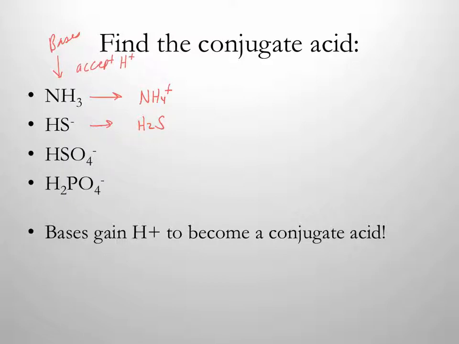So it's a positive ion it's accepting, which makes sense that when this negative ion accepts a positive hydrogen, it neutralizes it into H2S. The HSO4 minus accepts a positive hydrogen, becomes H2SO4, and the H2PO4 minus accepts a hydrogen and becomes H3PO4. So bases can gain hydrogen ions to become the conjugate acid.